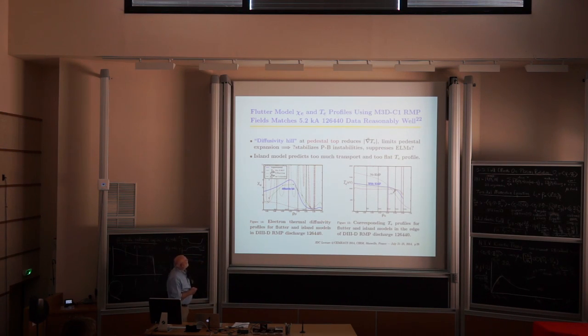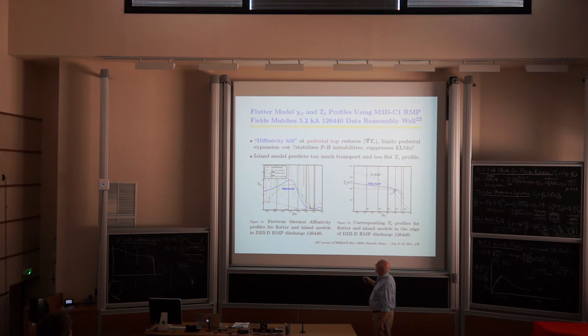And so if we look at our theory, it says, hey, there's tremendous transport in and around rational surfaces, parallel heat transport, but between the rational surfaces it gets smaller and it kind of asymptotes. So you follow a green curve here, which is our effective flutter model, it turns out.